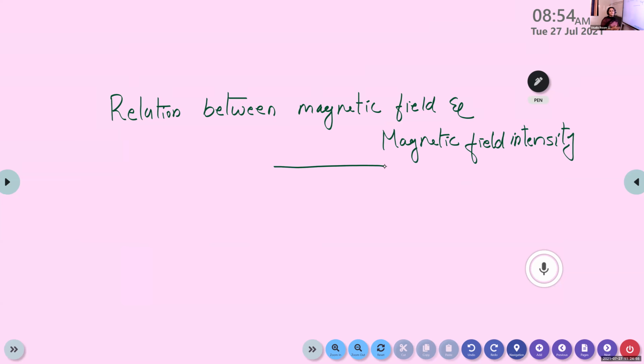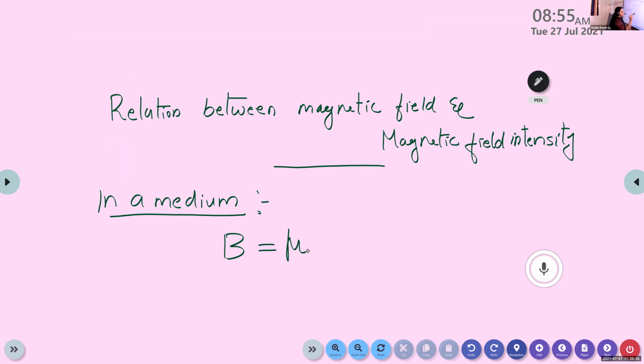In a medium, the relation between the magnetic field and the magnetic field intensity is given by B equals mu H. Not mu 0, mu. B equals mu H.